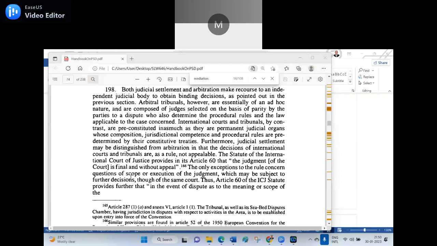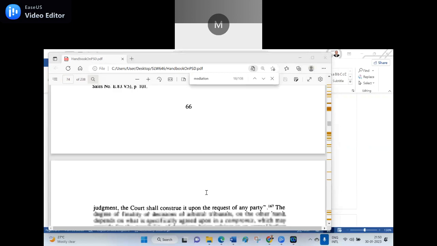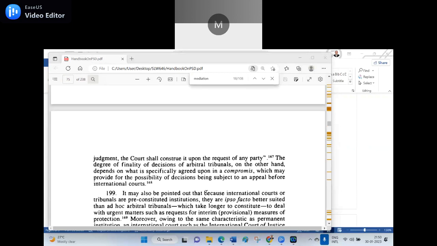The only exception to the rule concerns the question of the scope and execution of the judgment, which may be subject to further decision by the same court; you can review it. You can file for the review. Are you following me? Yes, Prof. Thus, Article 60 of the ICJ Statute provides further that in the event of a dispute as to the meaning and scope of the judgment, the court shall construe it upon the request of any party.